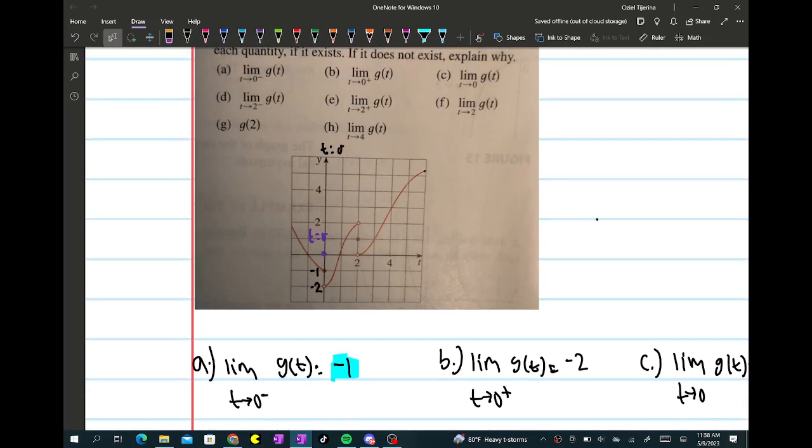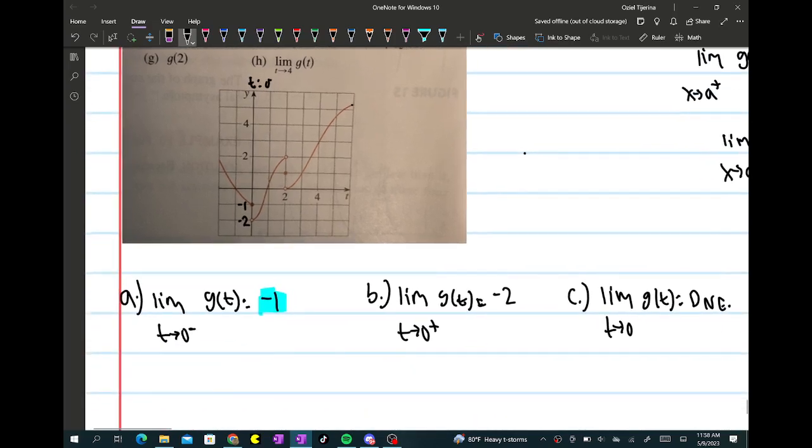the limit as t approaches 2 from the left. So now we're looking at t equals 2. So here's t equals 2. And again, that's undefined. And here is a point here, right? And here's another one that's undefined.